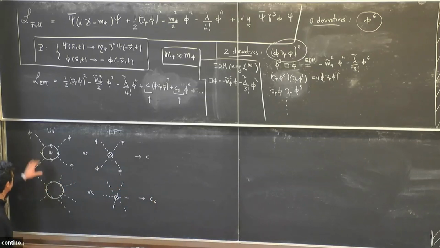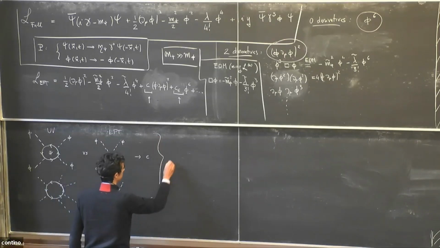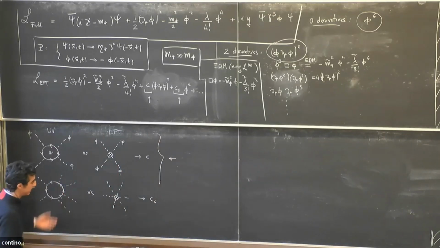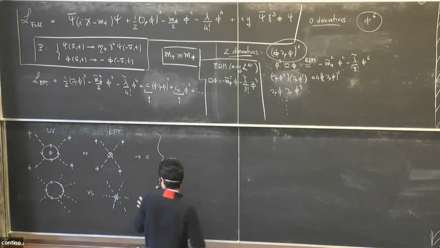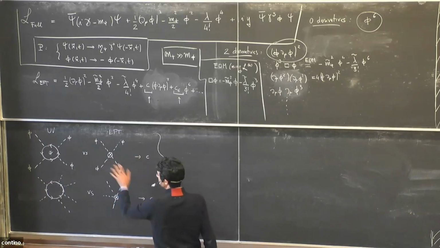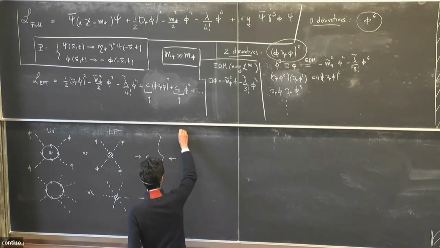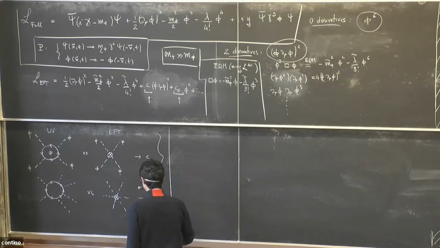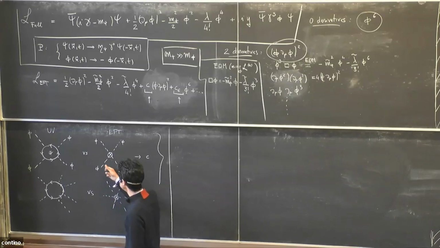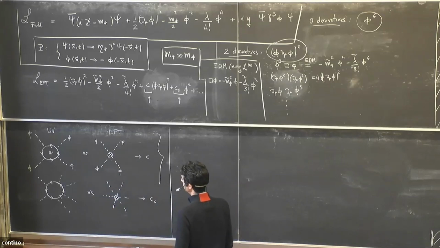So what we are going to do is to focus on this part, and this I can leave to you as an exercise, but it goes along exactly the same steps as for this. So we want to do the calculation both in the UV theory and the effective theory. Let's start to do the calculation in the effective theory.